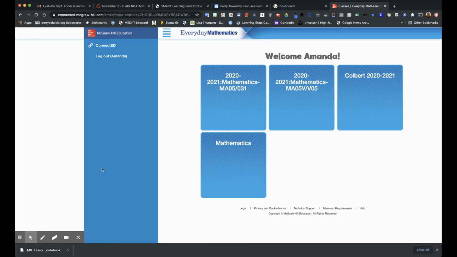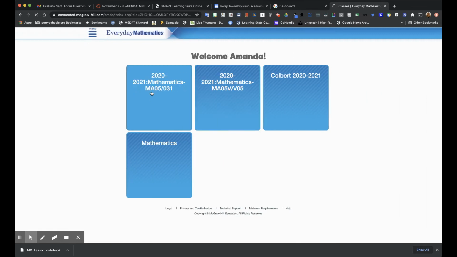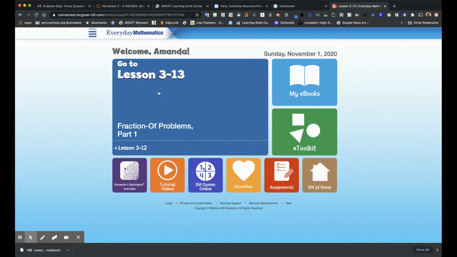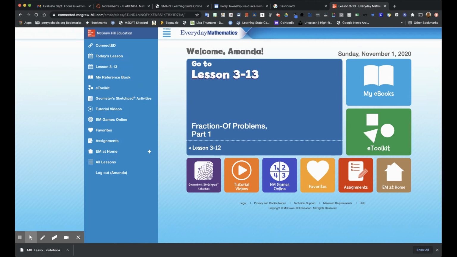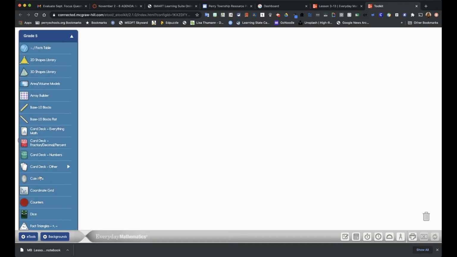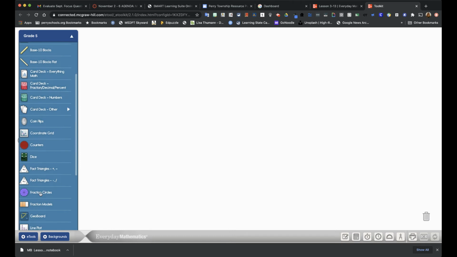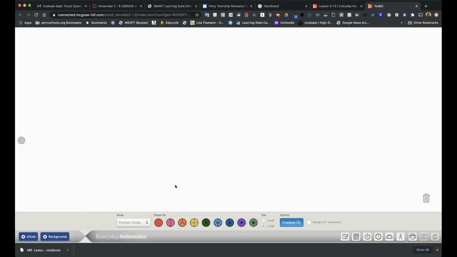You can click on menu, and you should be able to get to your eToolkit. And remember fraction circles, okay?